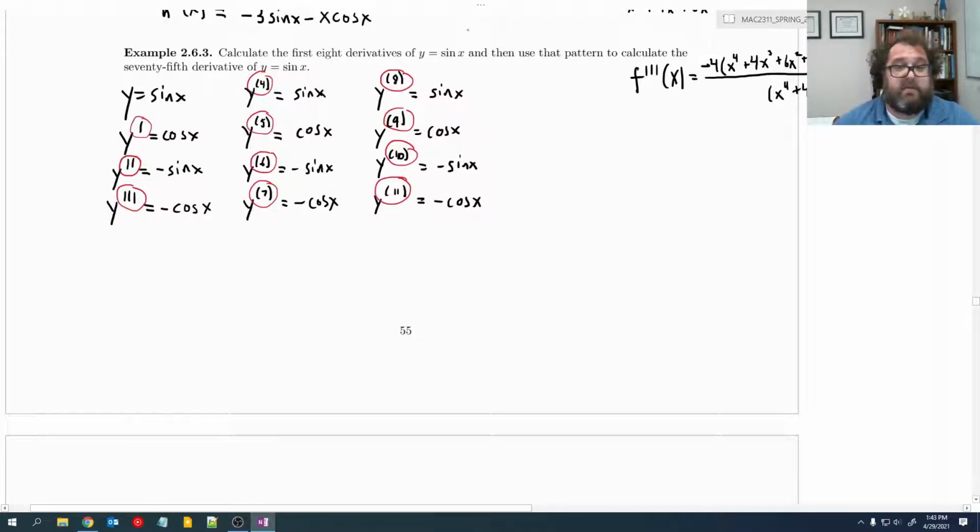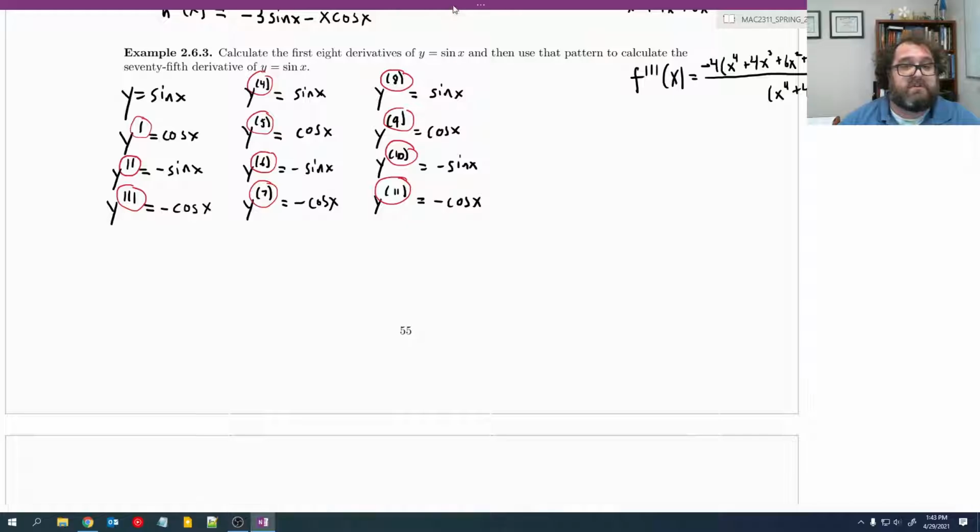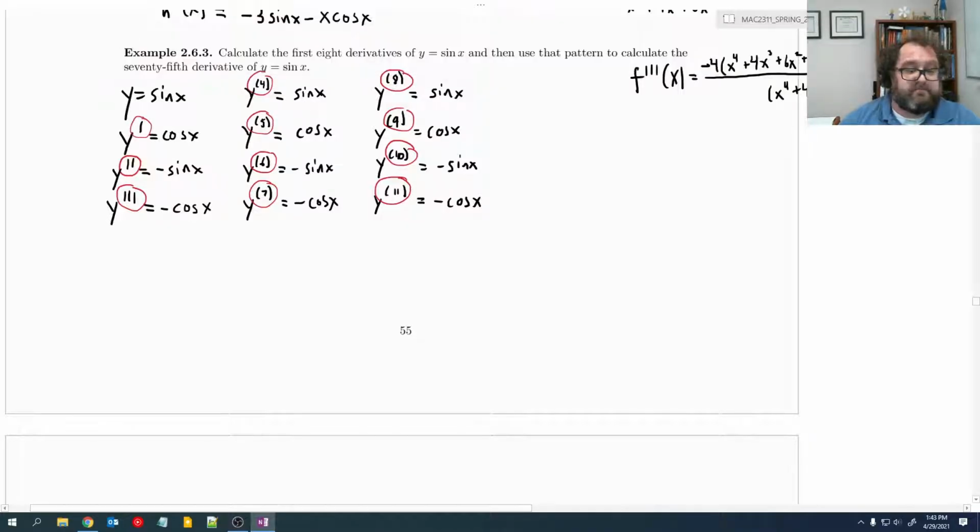Okay? So if you want to summarize this, I think what you can say is, basically you could say that the 4n plus kth derivative of f is equal to the kth derivative of f. Again, don't think about powers here.